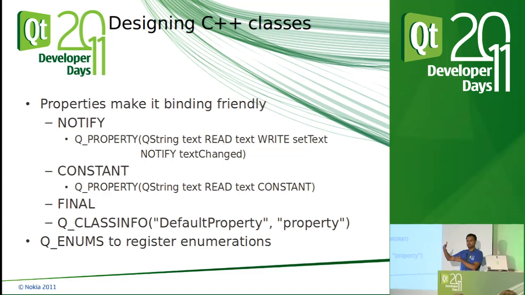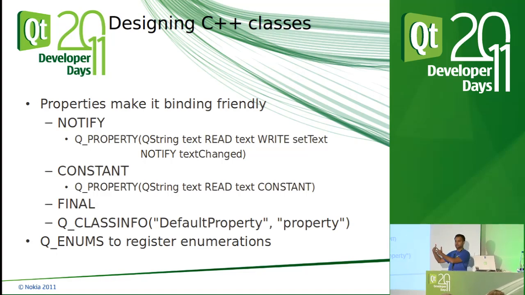So all the child items inside the main QML get automatically assigned to the children property of the parent item. If you want to change this behavior, you want to change the default property. Let's say you have a fancy item, but you don't want these to be children. You want these to be assigned to some other property. You can use Q_CLASSINFO to mark a different default property.